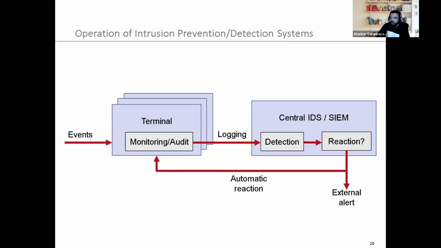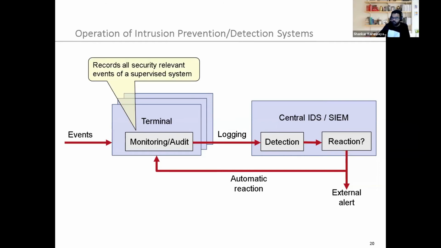Then, the operation of intrusion detection systems. We have a few components. We have the monitoring component that we have already spoken about, and this monitoring component will produce logging that can then be used with IDS systems to perform detection and reaction.